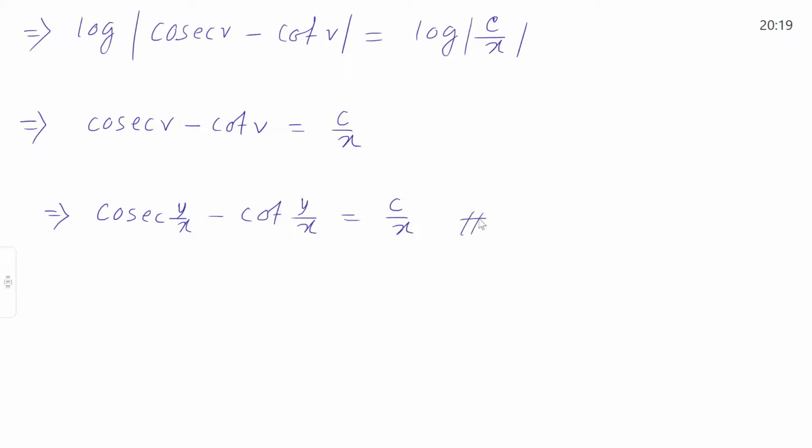You may leave the answer here, or you can also simplify by writing cosec as 1/sine and cot as cos/sine, then sine is the LCM. In that way you can proceed.